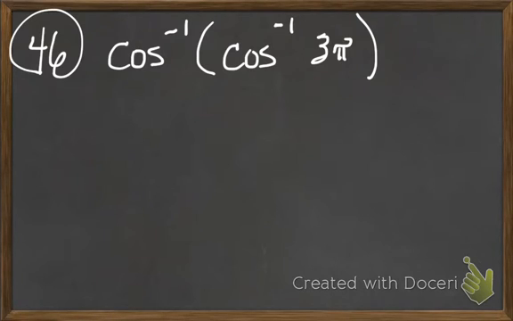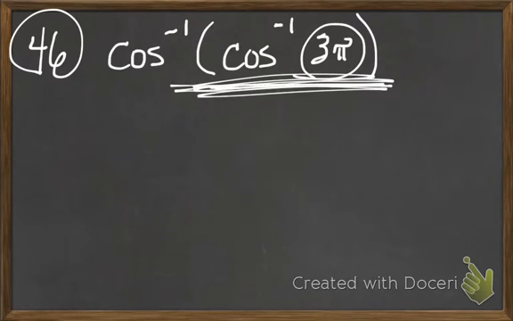So it really doesn't matter this inverse cosine. It could be anything. I want you to focus on this 3 pi. What does that 3 pi mean? Just look at this part of the problem. What's that 3 pi mean? Inverse cosine of 3 pi. What's inverse cosine mean?